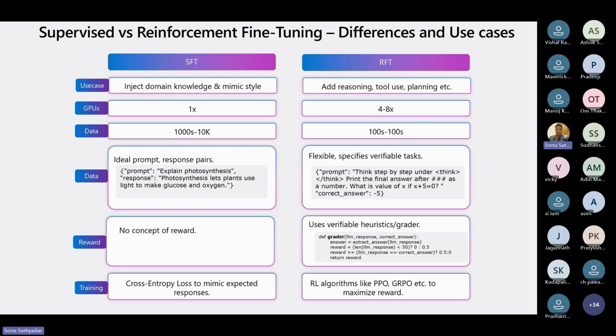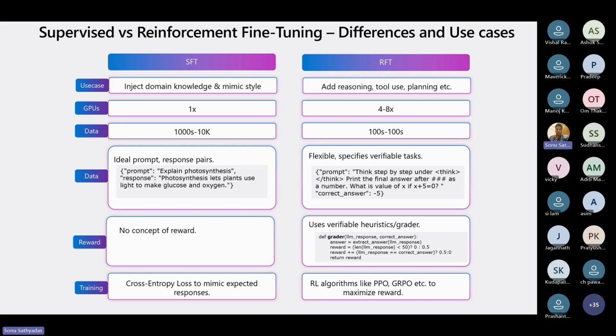Reinforcement fine tuning, because in that scenario, whenever you prepare a plan, whether the next step is correct or not, based on the previous step, it will create a next step. Then the grader or the function which is giving the reward will tell you, okay, this step is relevant or not relevant. It will give a reward point or not. So accordingly, for reasoning purposes, this reinforcement fine tuning is the better option.